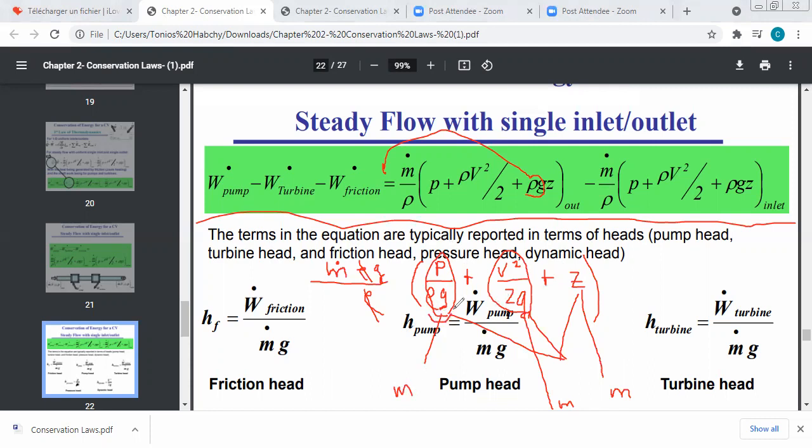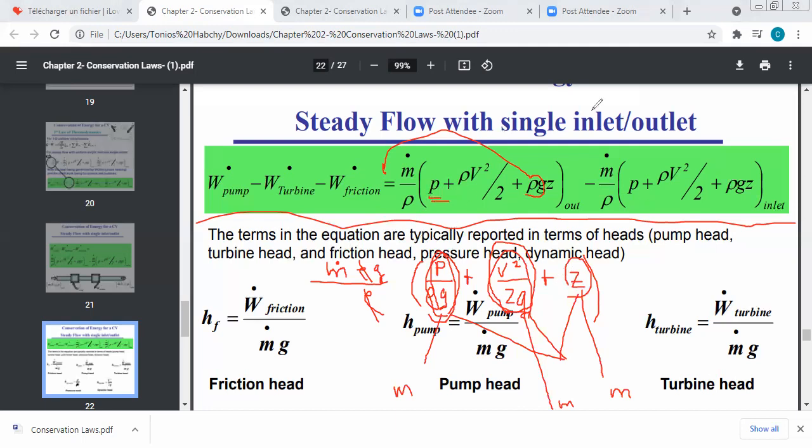This is the pressure head. This is the kinetic head. And this is due to the height variation, the hydrostatic head.